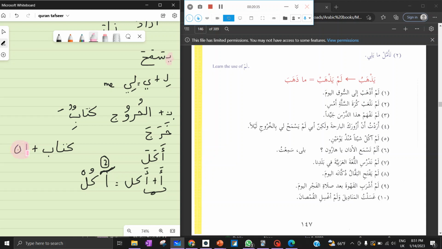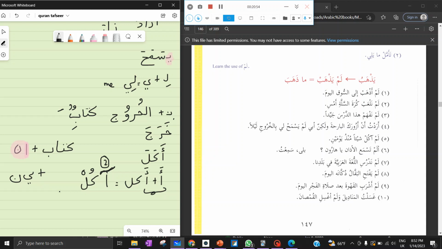Alif shows it is in marfu case. What about when it is in mansoob and majroor? It is added with ya and noon. So in this case, whenever you see ya and noon after kitab, that means this is in mansoob and majroor case.